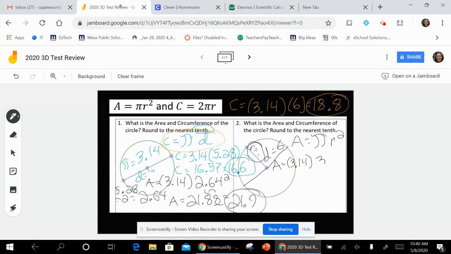So 3.14, 3 squared is going to be 9. So our area, we get 28.26. Again, 5 and up, round it up, so we're going to round it up to 28.3. That is our area for number 2.